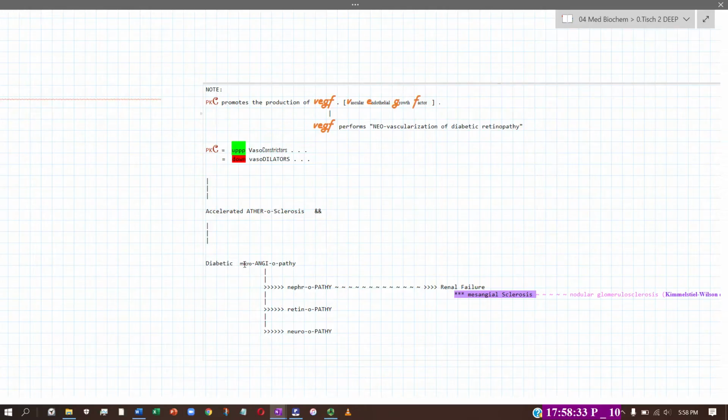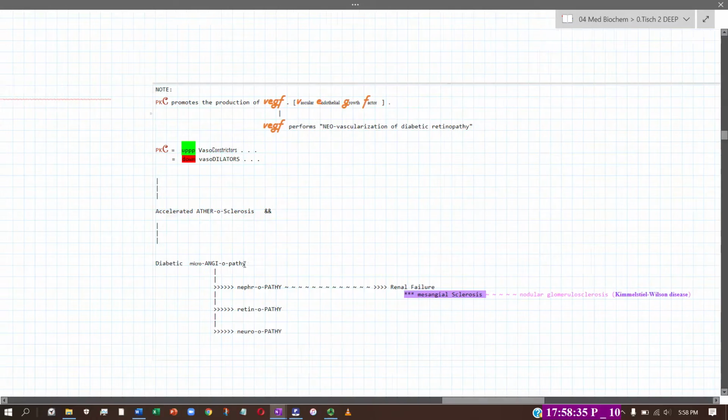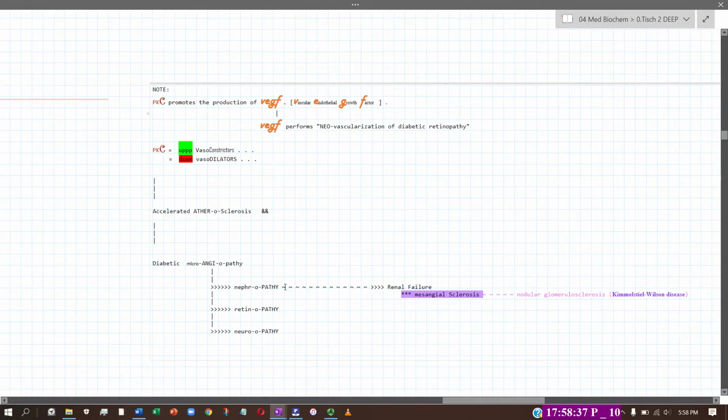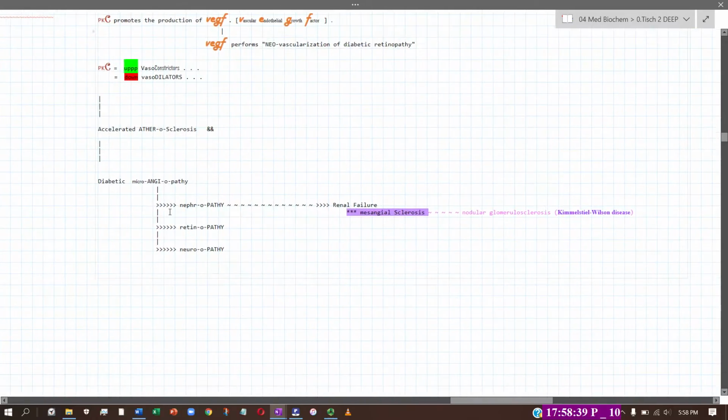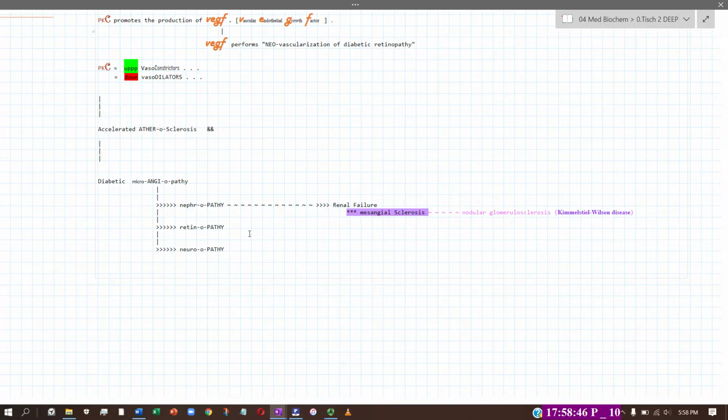Another related topic is diabetic microangiopathy. Under this topic, you can take into consideration three types of issues: nephropathy, retinopathy, and neuropathy.